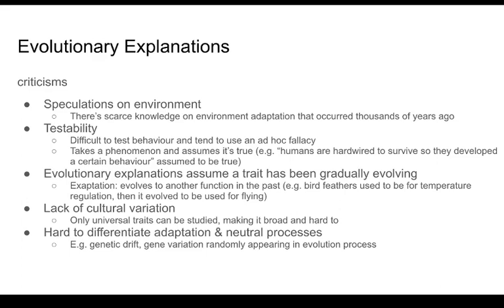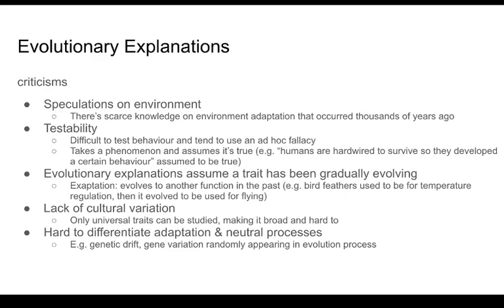However, evolutionary explanations are also met with some criticisms of the theories that are proposed. The first one is the speculation on the environment. There's very scarce knowledge on environmental adaptation that occurred thousands of years ago, because we don't have scientific testing and human records from thousands of years ago.